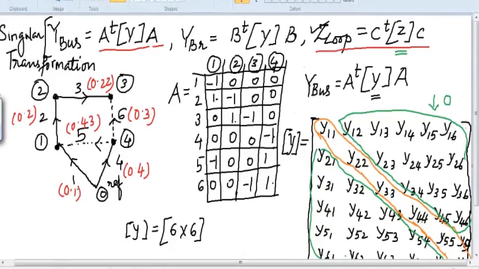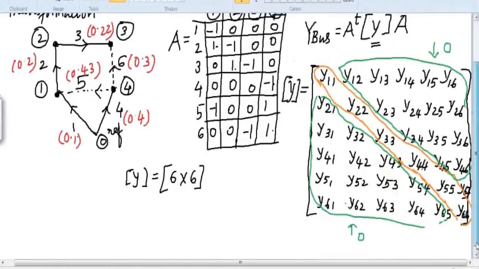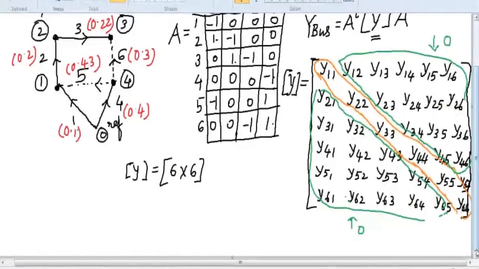But when we take Y, you know that we need to take the inverse of the entire matrix. That is, if Z is a 6 by 6 matrix, then the inverse of that matrix will be Y. But you also know that only the diagonal part has non-zero terms. Rest of all the values, the upper triangular and lower triangular, are replaced by 0. So in such a case, it's easy to calculate the inverse.